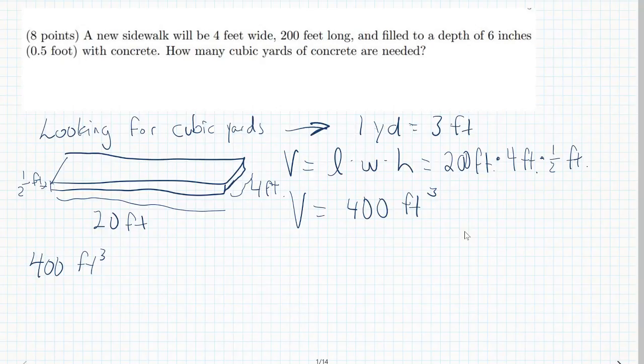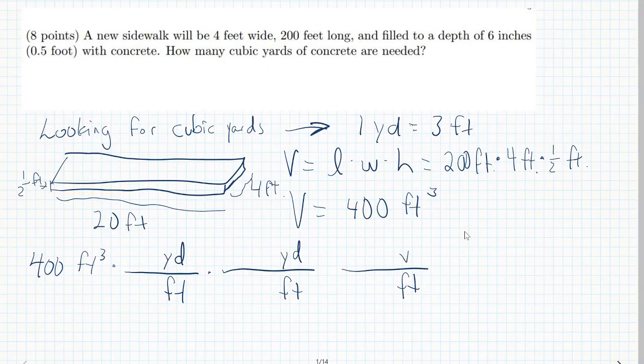So the fix for this is we have that equality. That means we want feet to appear 3 times down here in order to get rid of the feet cubed. And we want to put it in terms of yards, and we do have a conversion from feet to yards, so we'll put yards up here. And we know that 1 yard in each case is equal to 3 feet.